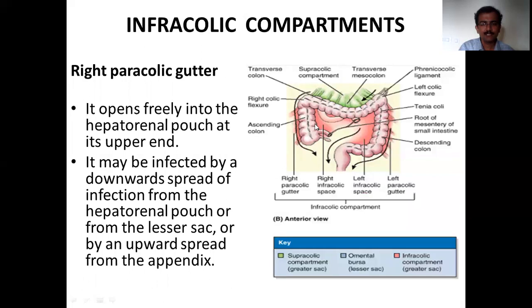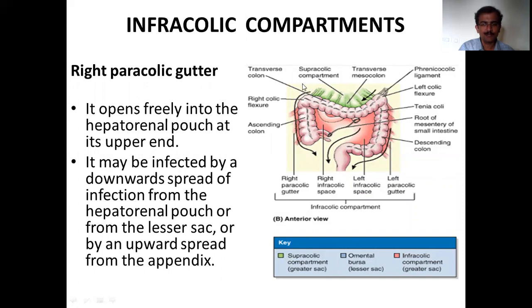Then, as I said before, in the infracolic compartment, you will see two gutters just beside the ascending and the descending colon. The right paracolic gutter lies just lateral to the ascending colon. It opens freely into the hepatorenal pouch above, so this space gets infected by the downward spread of infection from the hepatorenal pouch.